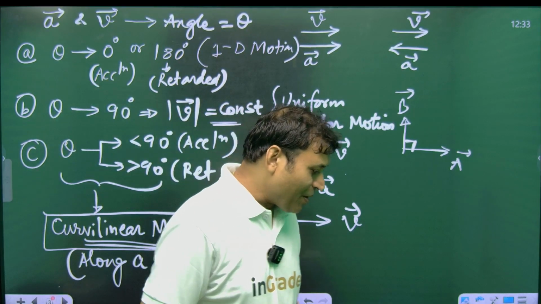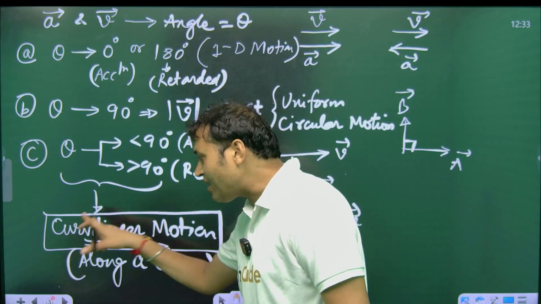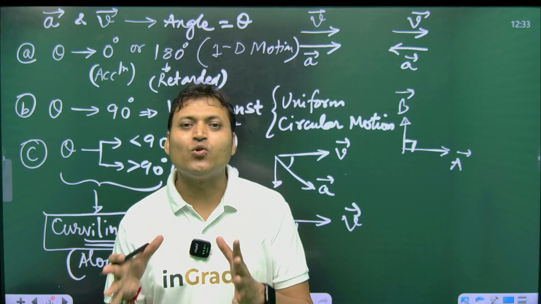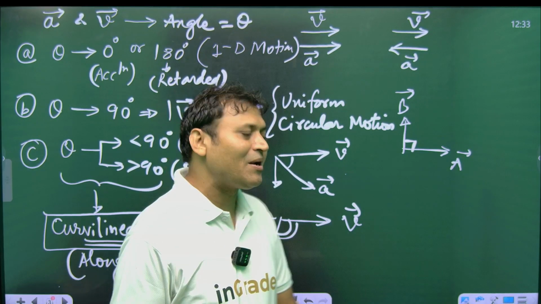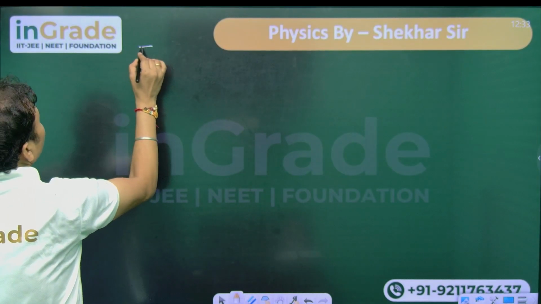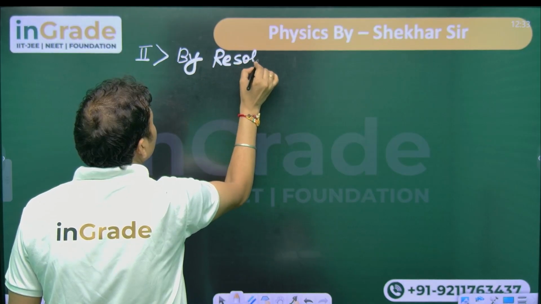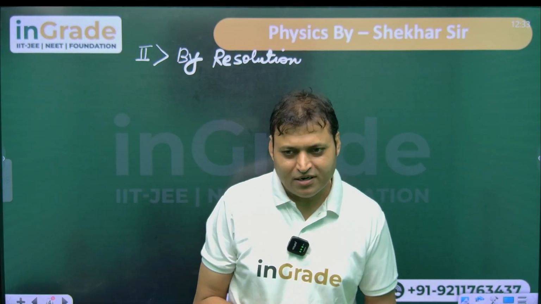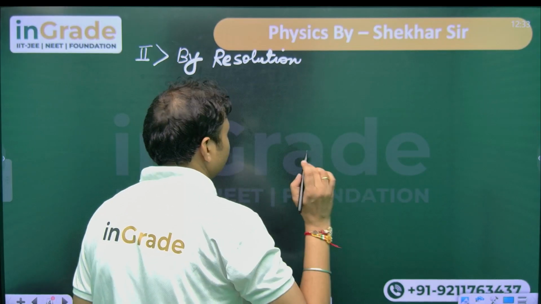So because two perpendicular vectors are independent of each other, this motion in two dimension, or the curvilinear motion, can also be resolved in two perpendicular directions into one dimensional motion in mutually perpendicular directions. So method number 2 is by resolving the curvilinear motion into one dimensional motion in mutually perpendicular directions.